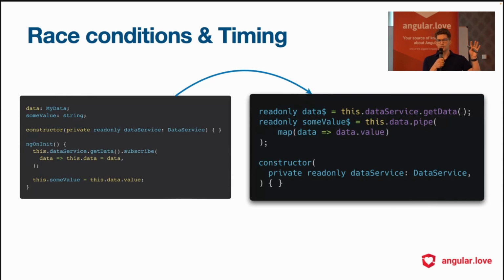If we treat observables like streams of data, we can do whatever we want with those streams. We can combine them, we can process the values, we can even apply some rules over those streams to adjust them to our needs, to the purpose of the component.